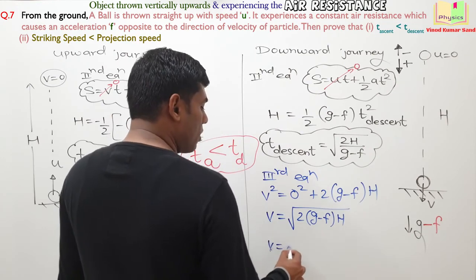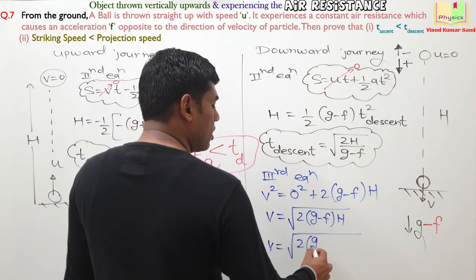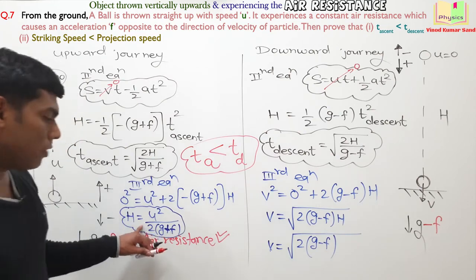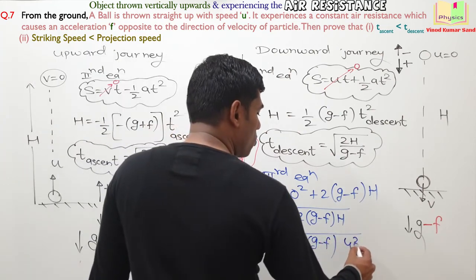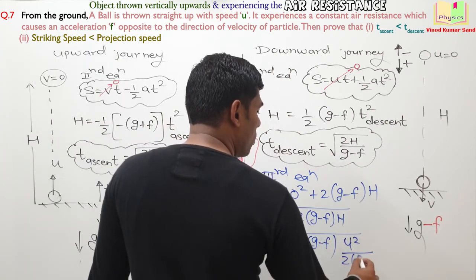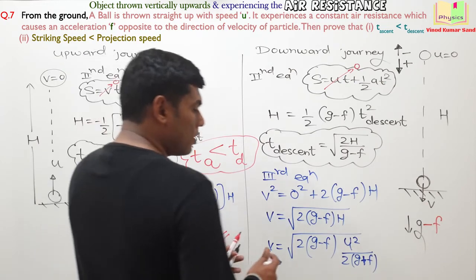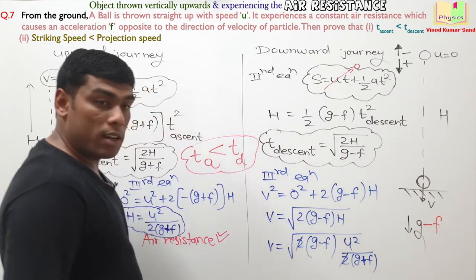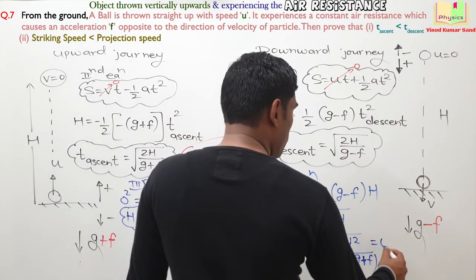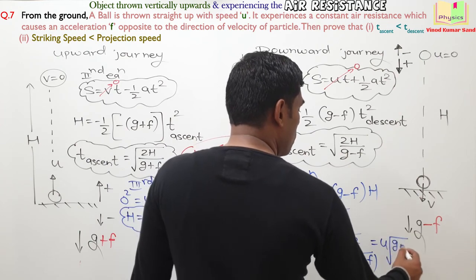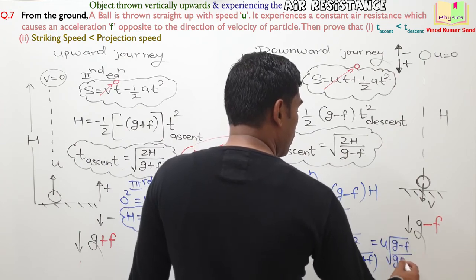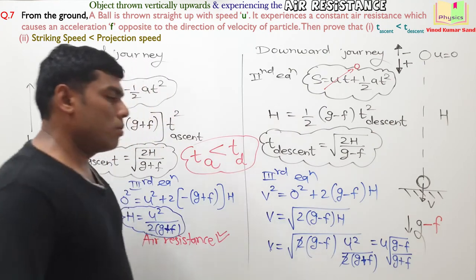So v is equal to root of 2(g minus f), and in place of h, I am putting u square by 2(g plus f). Do you agree? Here the 2 is getting cancelled out. So v comes out to be u root of (g minus f) divided by (g plus f).